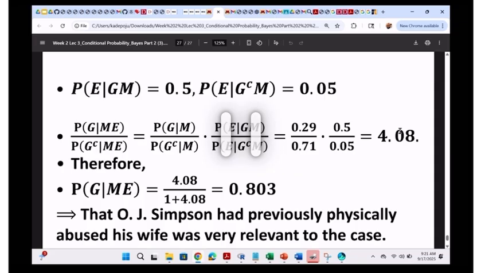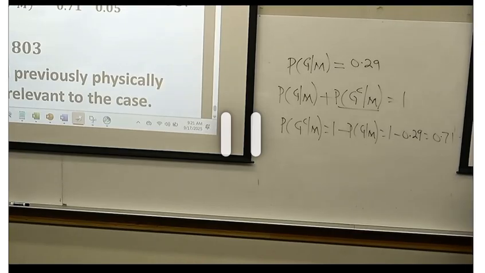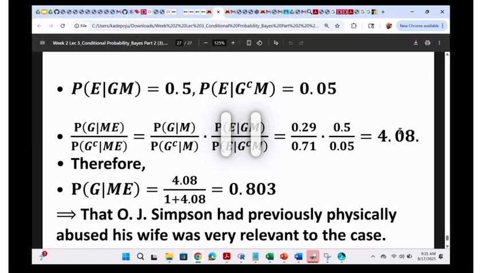So this guy is going to be bigger than that. That was why you have 4.08. When the odd ratio is greater than 1, then that actually means the numerator has a bigger value. Does that make sense?